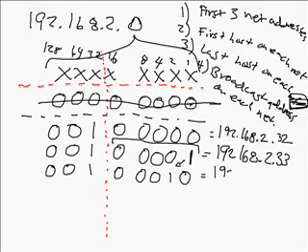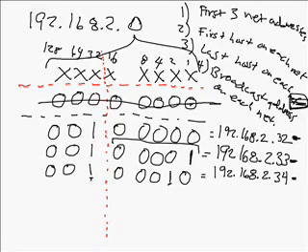And that would be 192.168.2.34. 32 plus 2 is 34. That makes sense. That is the second host. This is the second host on the first network, and this one is the first host on the first network.